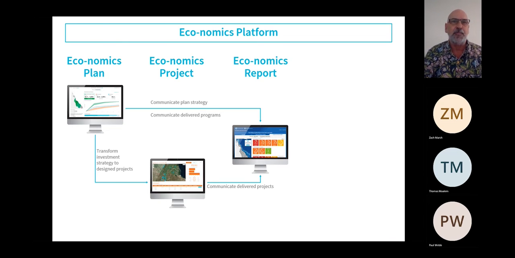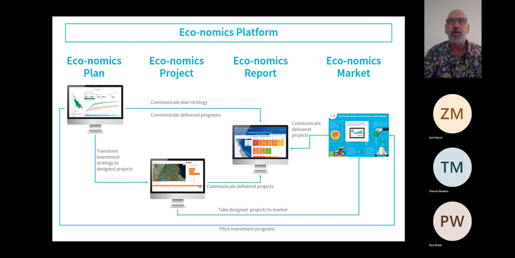Eco-nomics report is about being able to do impact reporting to communicate the planned work or work that's been done. And Eco-nomics market is about being able to facilitate these projects that get developed to be used within a marketplace. So we're focusing on Eco-nomics plan at this stage of the project.